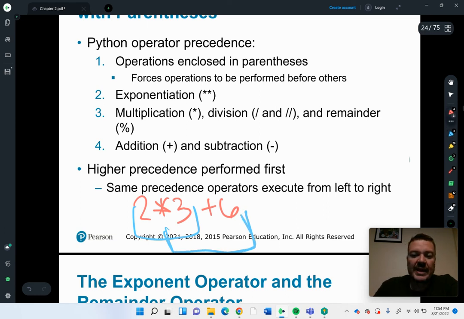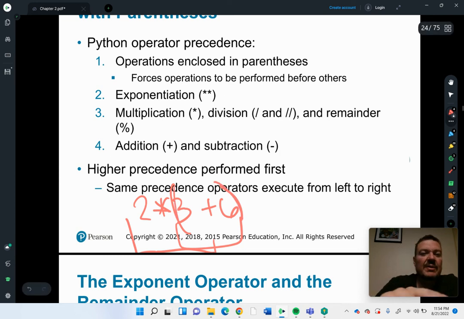Well, what if we add a parentheses here? Then what happens is this will get done, and then whatever the answer is to this will get multiplied by 2. Because the parentheses changes the precedence, because we always do operations enclosed in parentheses first.